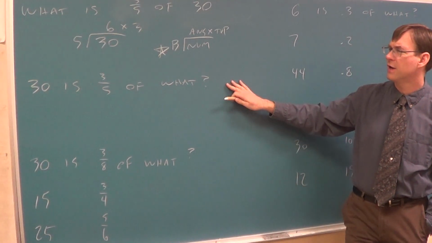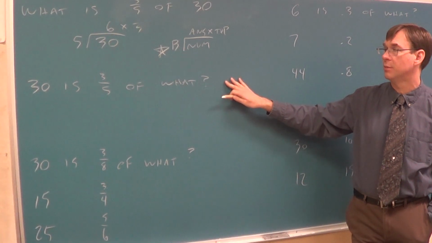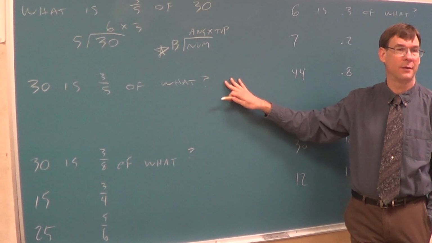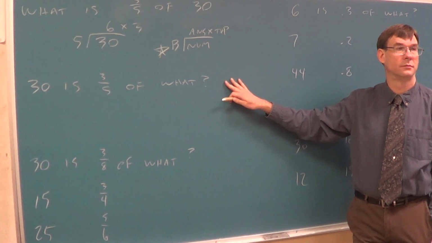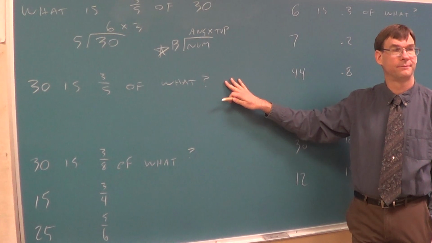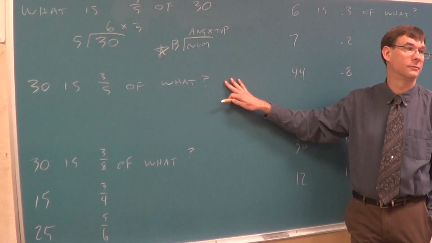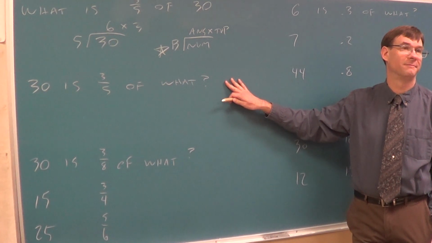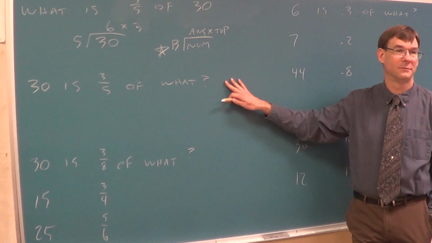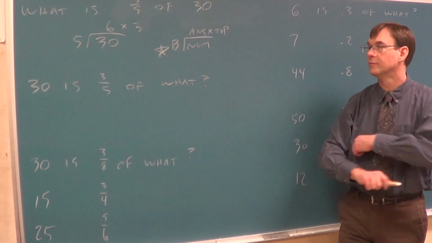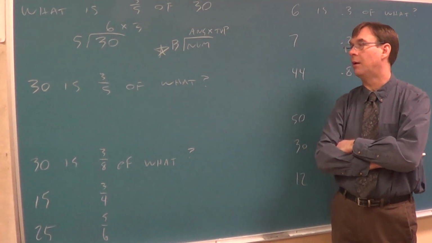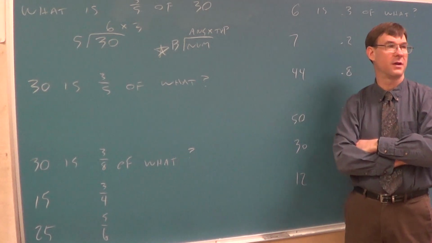So can anybody figure out a path, either what the number should be on this, or figure out a path to get there? It's 30 is 3/5 of something. Can anybody figure out what that is?